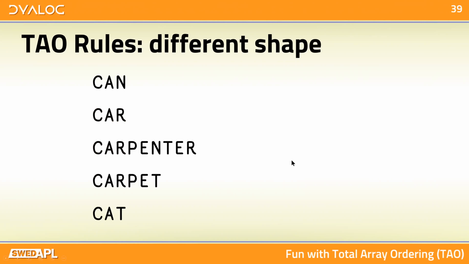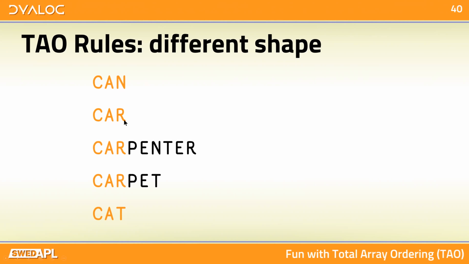Another way of saying it is that the shape is more important than the content. First, we look at wherever we have the same thing. So we're going through it until the second character, and then we can eliminate N and T out of the picture, and then we have CAR.